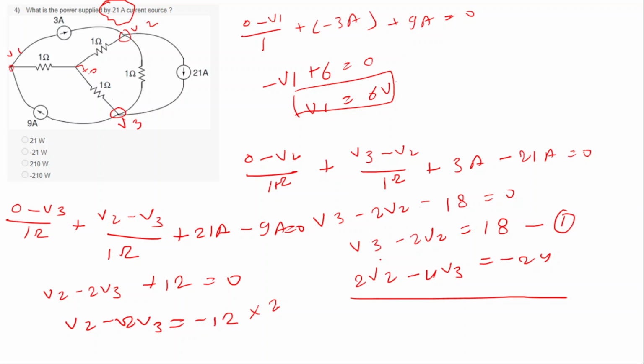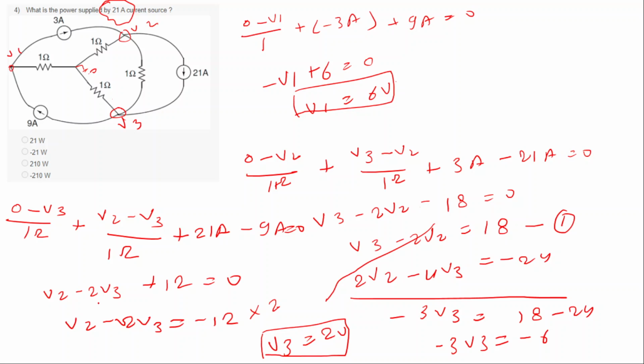Then we add this equation, so V2 will get cancelled, so minus 3 times V3 equals 18 minus 24, which is minus 6. So V3 will be equal to 2 volt.